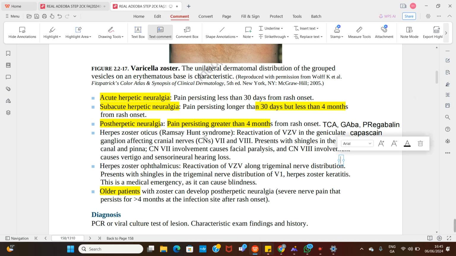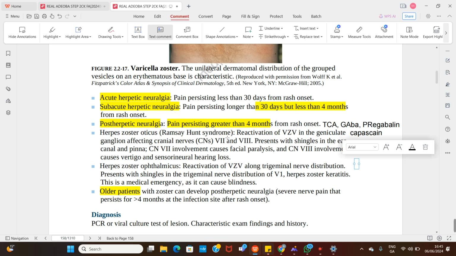Now, for the Ramsay Hunt, that means that the initial infection is affecting the geniculate ganglion. So when you have reactivation from the geniculate ganglion, that is going to cause herpes zoster oticus, or the Ramsay Hunt syndrome. And I want you guys to look for some constellation of signs and symptoms.